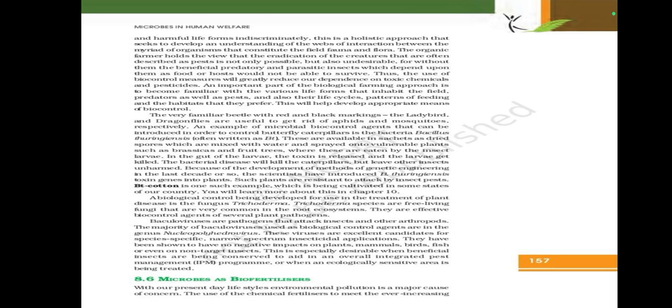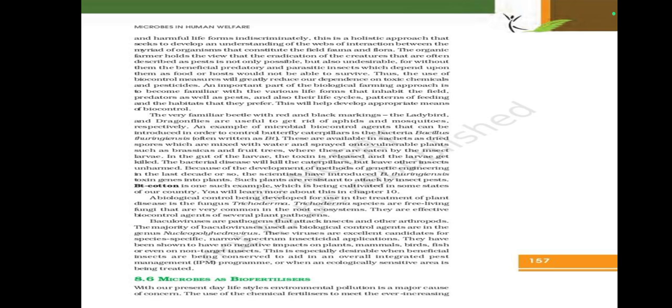This is a holistic approach that seeks to develop an understanding of the ways of interaction between the myriad of organisms that constitute the field fauna and flora. The organic farmer holds the view that the eradication of the creatures that are often described as pests is not only impossible but also undesirable.